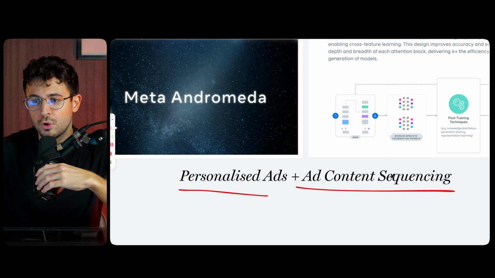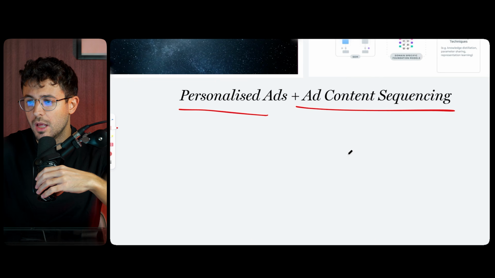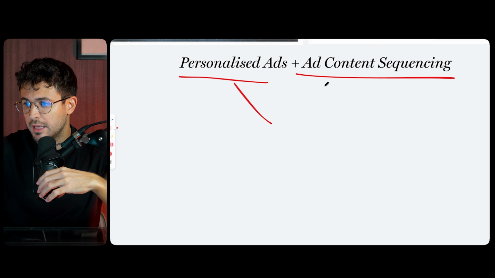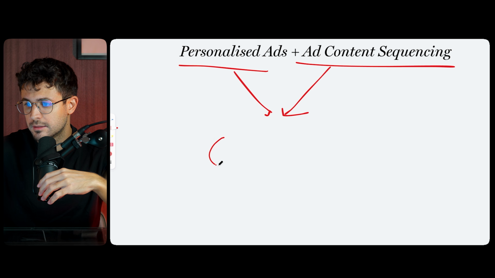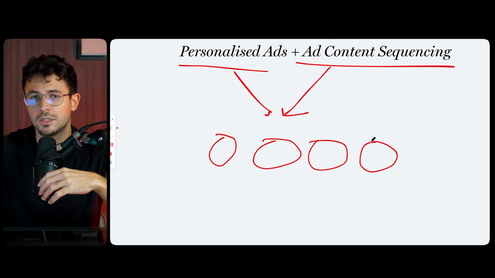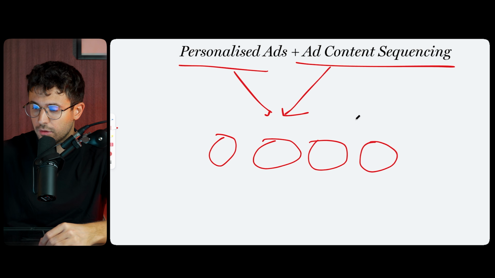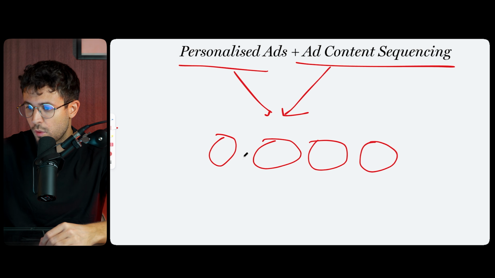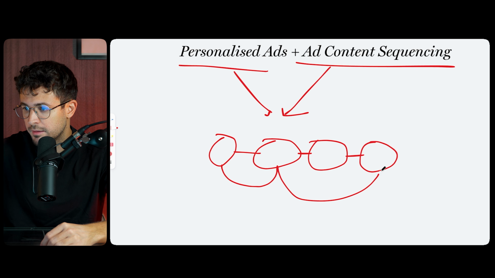Now, if we go into the details of Andromeda, these two things mean that the ads are personalized for each user. Let's say you have these 5 different ads that you launch inside your ad account. For one user, maybe the sequence is like this, straight. For another user, the sequence might be like this, and then people buy here.